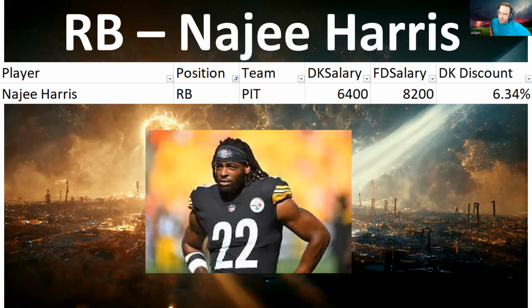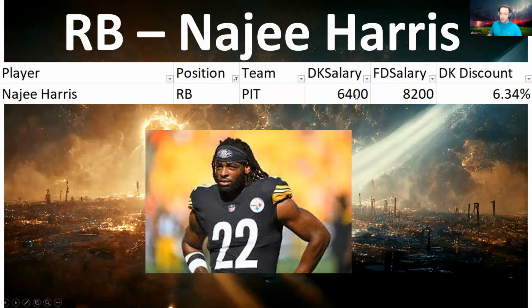You'll see on the skill positions, FanDuel is generally softer pricing. That's just how they operate. That means if you can find any discount at the skill positions, running back and wide receiver, on DraftKings, you need to pay attention to this. Najee Harris fits that bill. There weren't many running backs on DraftKings that were cheaper than their FanDuel counterpart, but Najee is one of them.